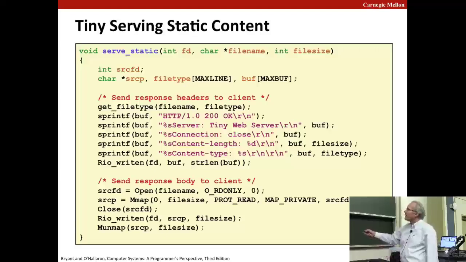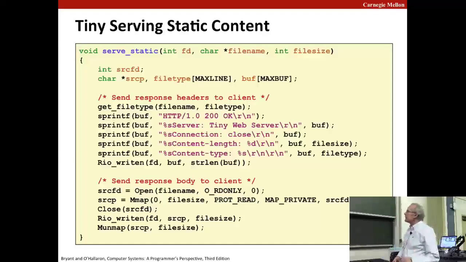So all it's doing here, you'll notice, is a bunch of sprintfs into a buffer. And what it's doing there is formatting the header information as just a big long string, including the returns in it.